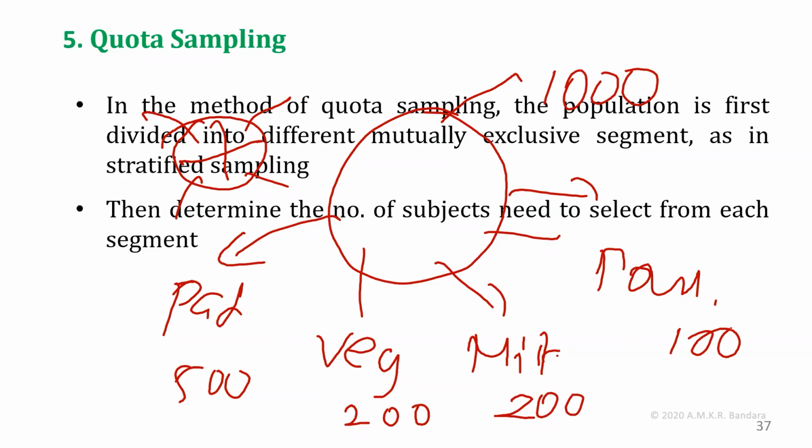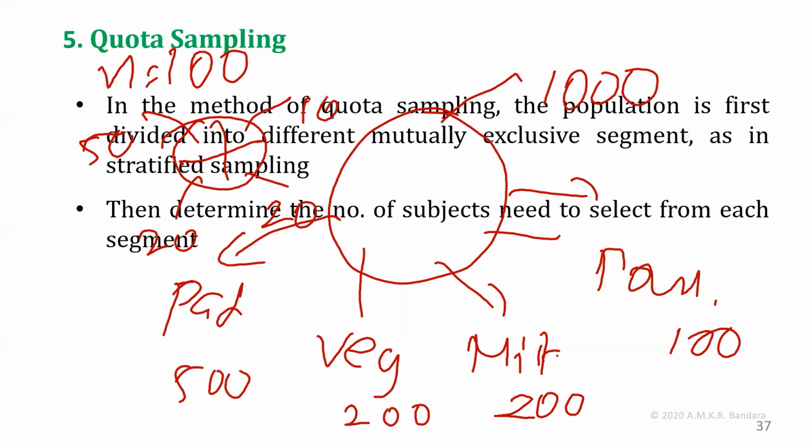If your sample size is 100, then this sample size is also divided according to the population proportion. Then paddy farmers 50, vegetable farmers 20, milk farmers 20, and poultry farmers 10.